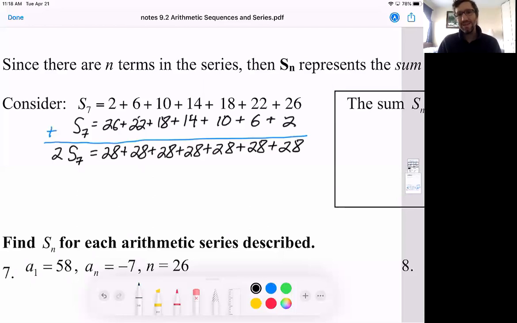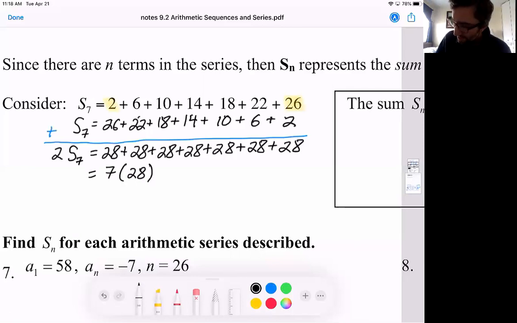So notice every sum that we get is 28. So really, whatever that first term is, and whatever the last term is, if you add those together, you get 28. So how many 28s do we have? Well, we have 7 of them. So we have 7 of those 28s.